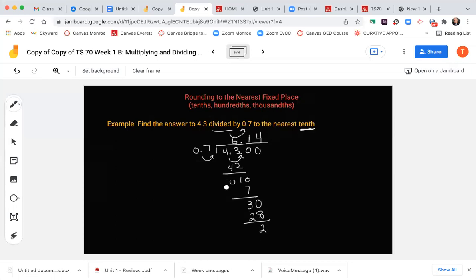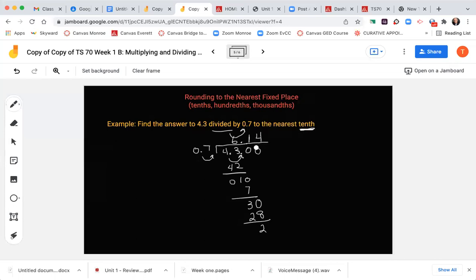Back to step 1. Divide. 7 does not go into 2. All right, this has to go to the nearest 10th place though, right? You see this 10th place over here? Wait a minute, I can stop right now. And here's why. I've done the math out to this is the 10th place, and this is the 100th place. So it says to find the answer to the nearest 10th place.